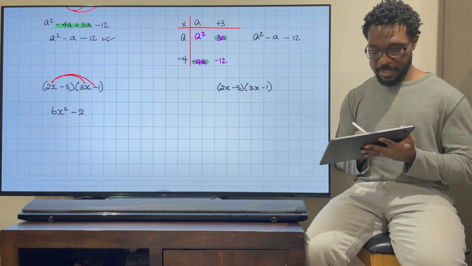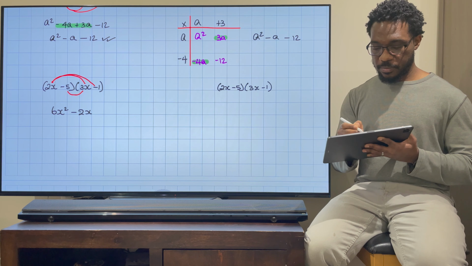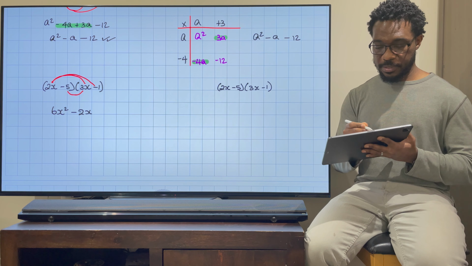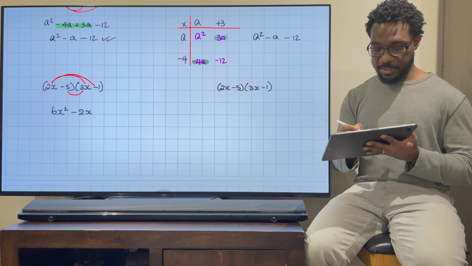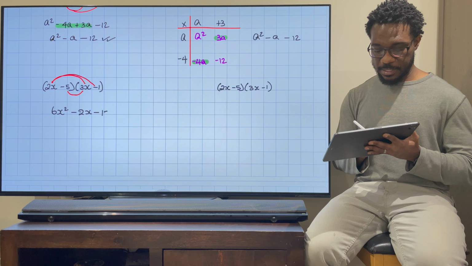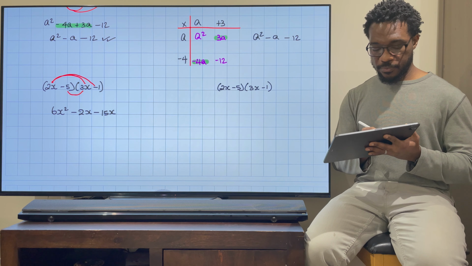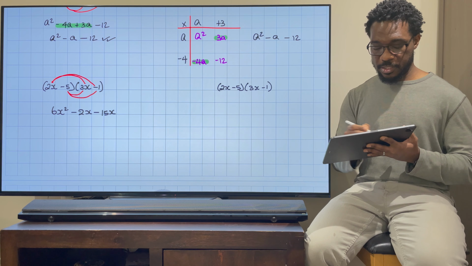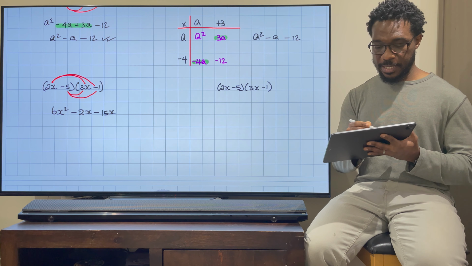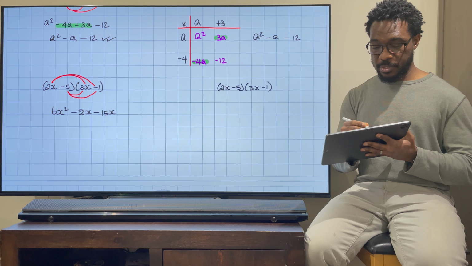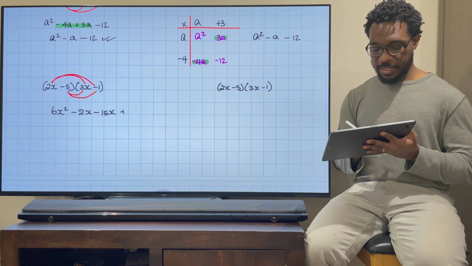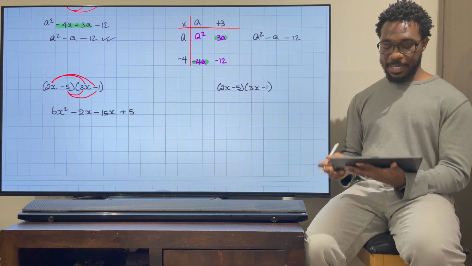Then I'm going to go for the inner, which is going to be minus 5 times that 3x, and that's going to be negative 15x. And then finally we go for the last, and in the last one, negative 5 times negative 1 is going to be positive 5, because I'm doing a negative times a negative on that one.